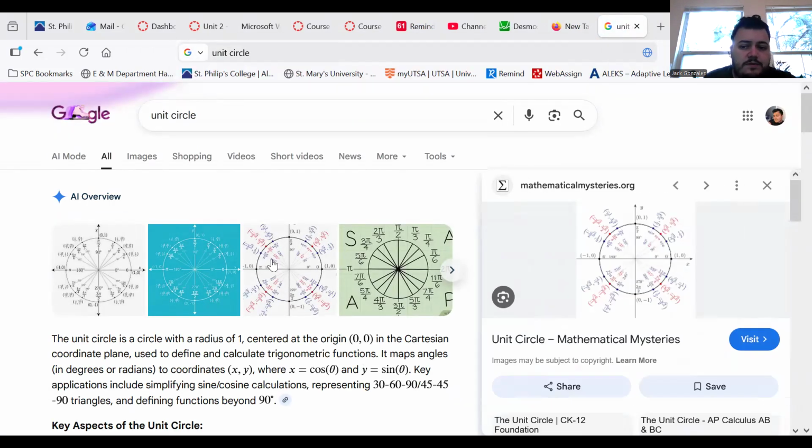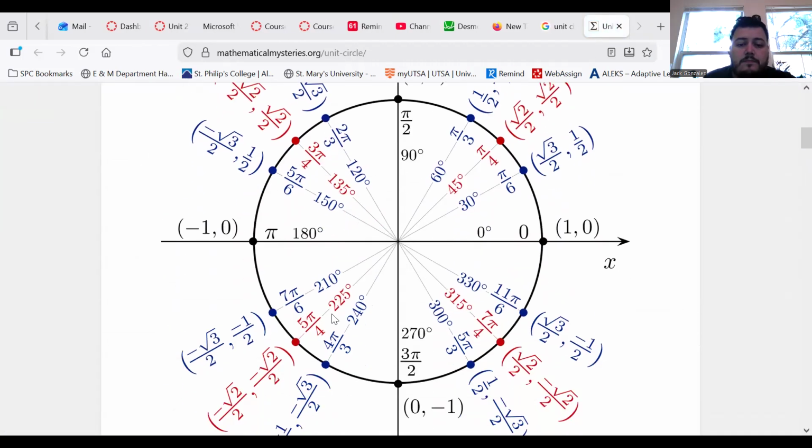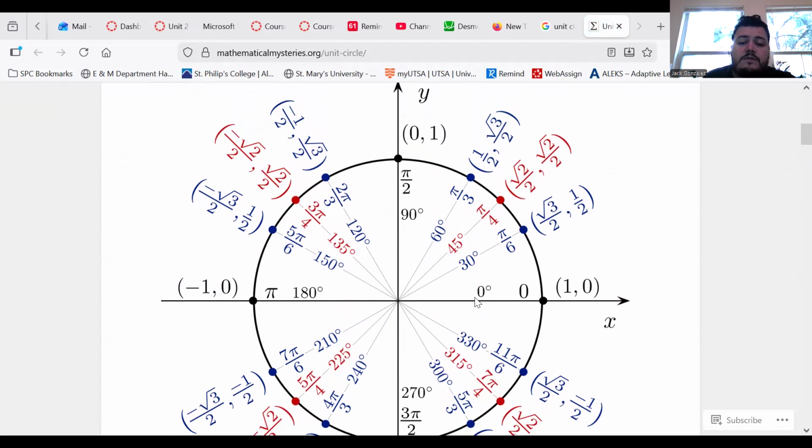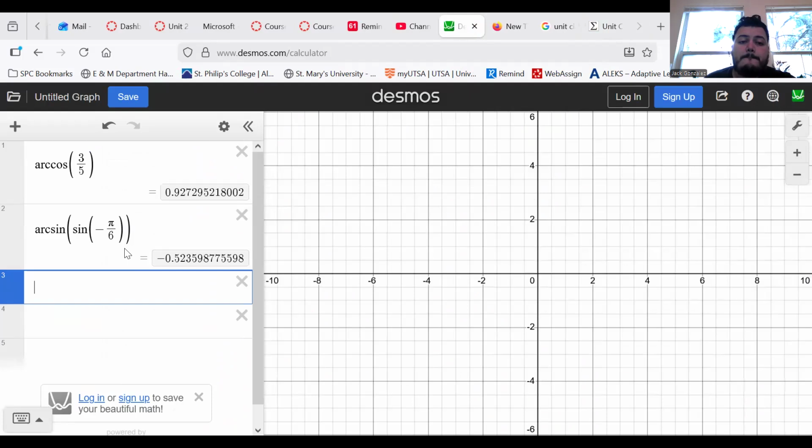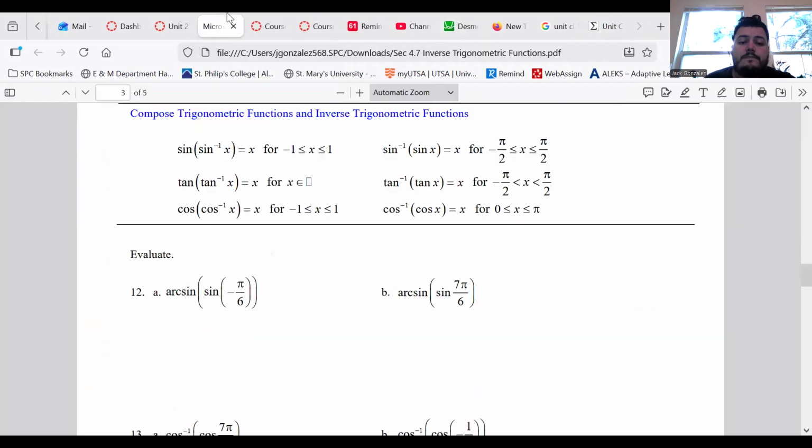This is the one I sent you, I think. 7 pi over 6 is way over here, so it would be outside the range. So technically it would be undefined. 7 pi over 6.